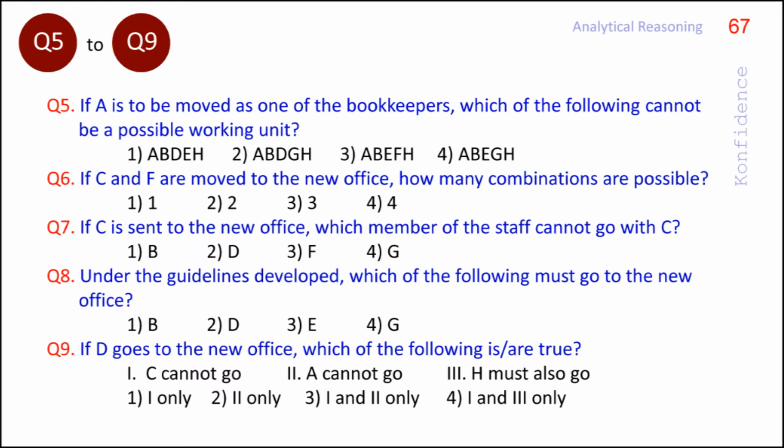Please note carefully the construction of the options. It is not like in the previous questions. Here, you have 3 conclusions given and you're asked to find out which one of those 3 are true.